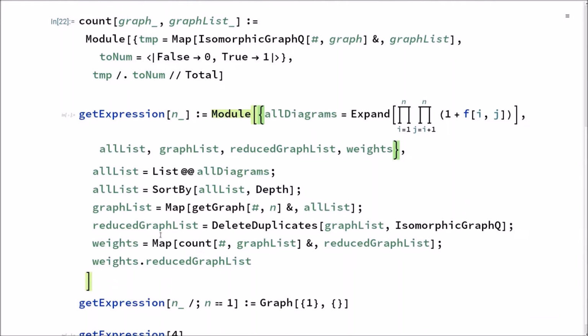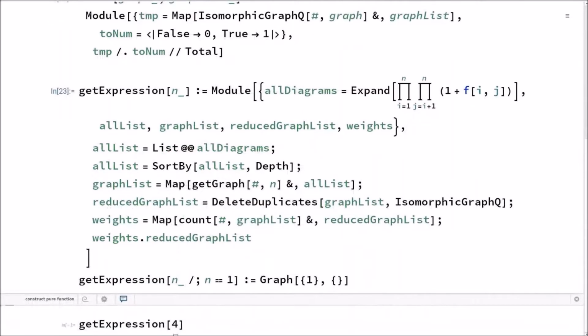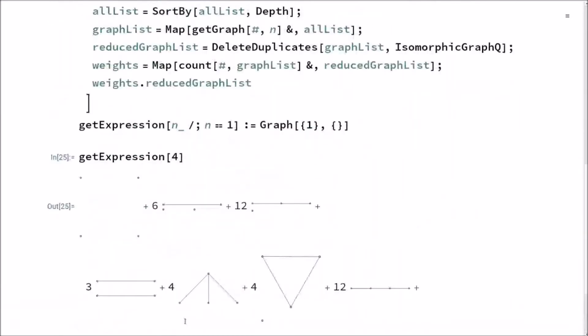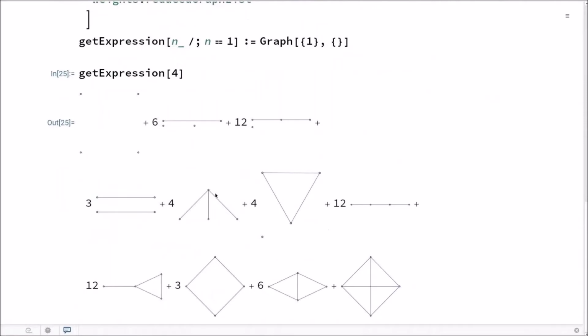Then from this reduced list, we count how often every diagram in this reduced list is appearing in the full list. So this is the full graph list, and we multiply by this weight. So in the reduced list, we multiply each diagram with the weight. It's a little bit complicated, but if we evaluate it, we will immediately see what's happening.